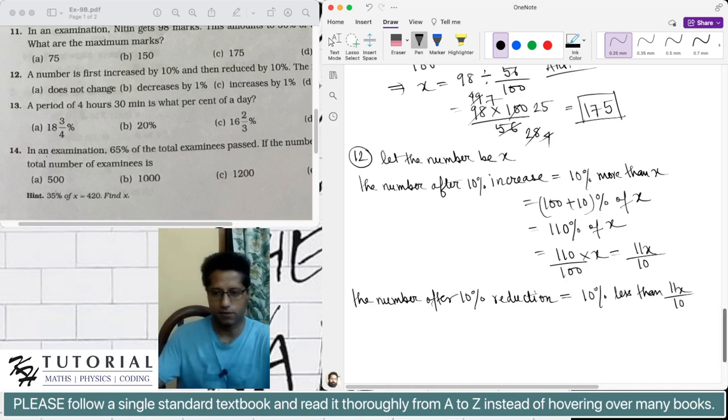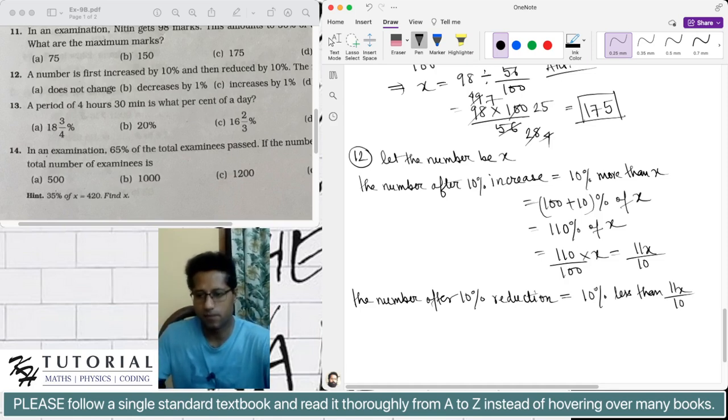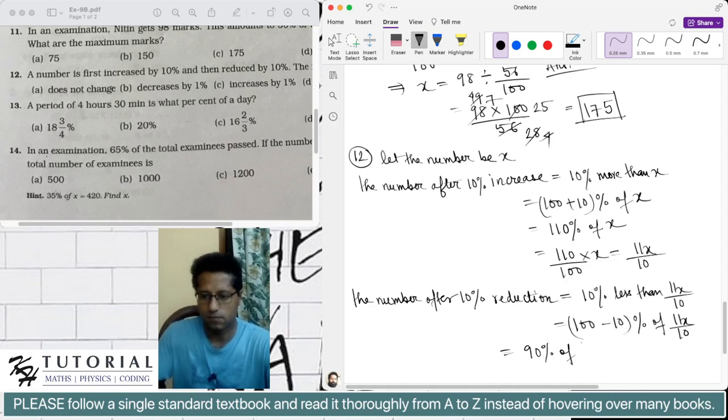So the number after 10% reduction will be 10% less than 11X by 10, which is equal to 100 minus 10 percent of 11X by 10. This is equal to 90% of 11X by 10.